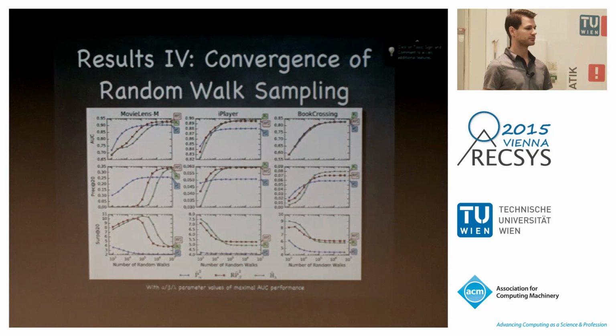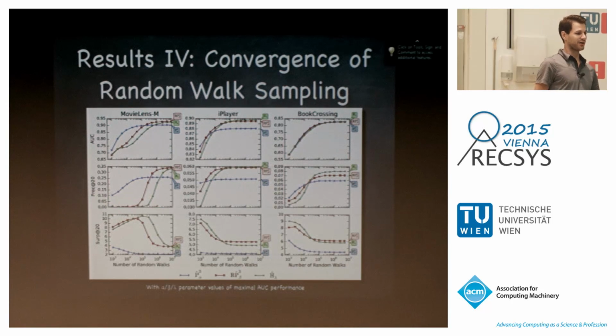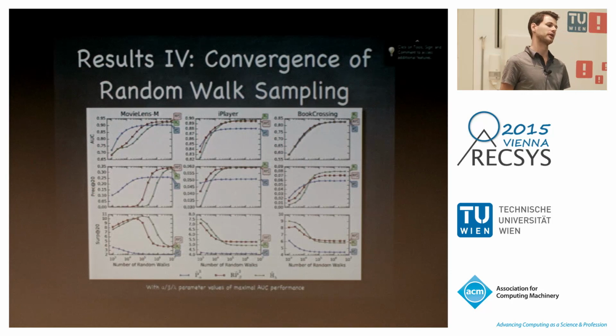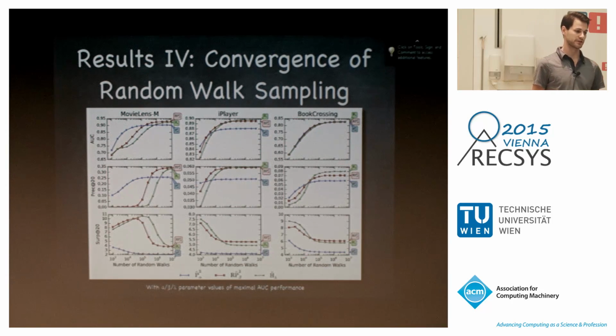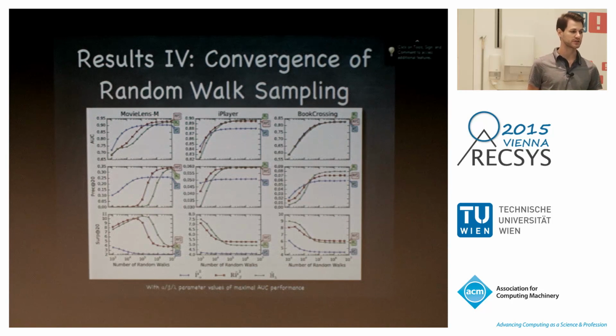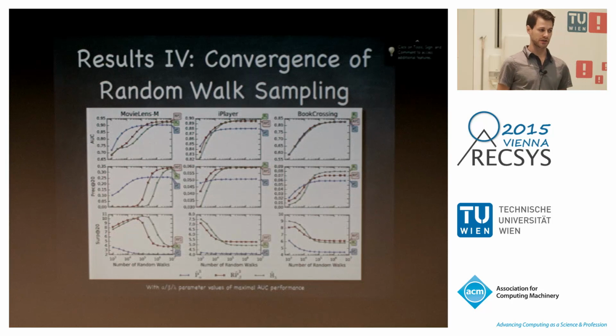On the right-hand side of each subplot, the performance of the exact calculation is indicated with small labels, and you basically see that if we draw a sample that's big enough, let's say for instance 10 million random walks, we end up at the same ranking, achieving the same recommendation performance, independent of whether we use the sampling approximation or the exact calculation.